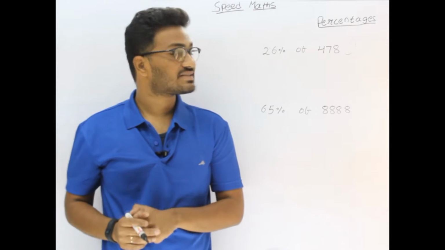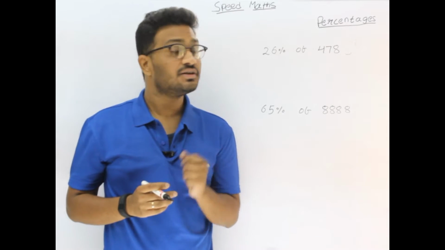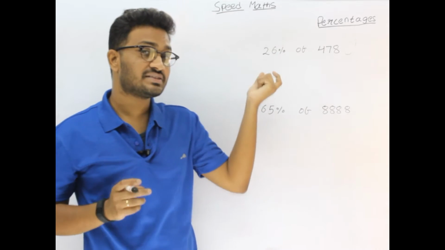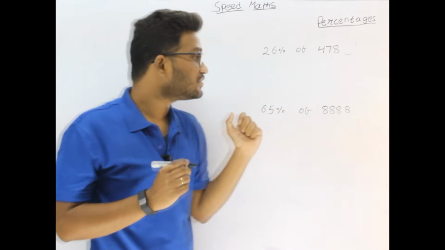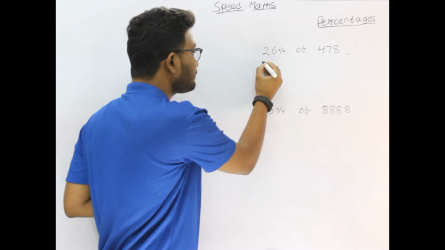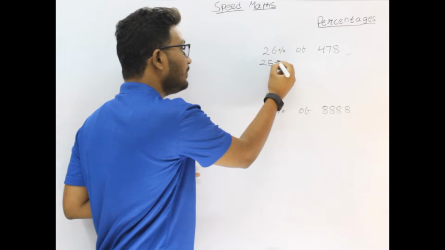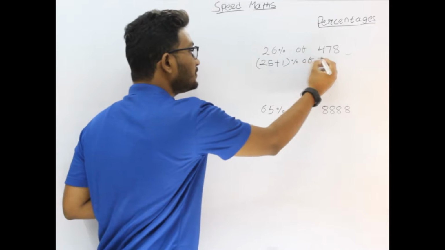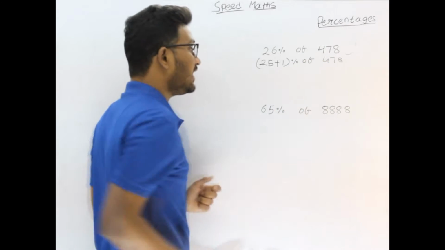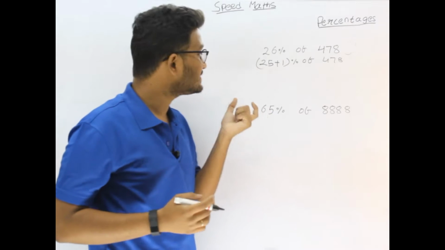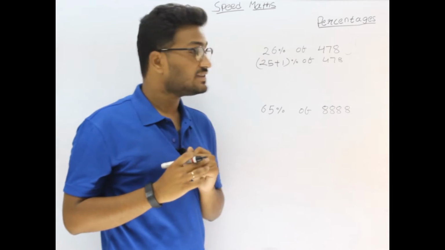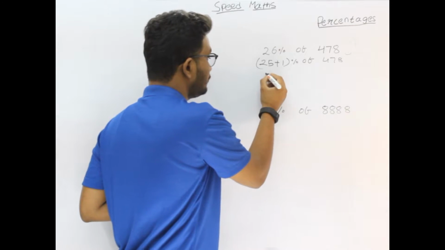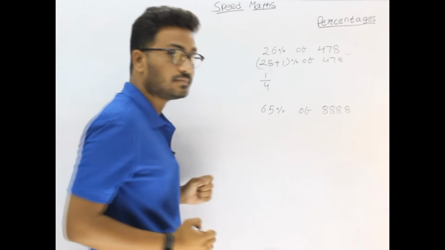Here we have to find 26% of 478. If you see here, 26 is near 25. So we can write this 26 as 25 plus 1, that is 25 plus 1% of 478. And we all know that 25% fractional equivalent is 1 by 4.